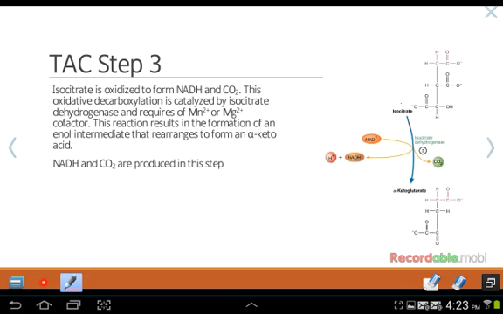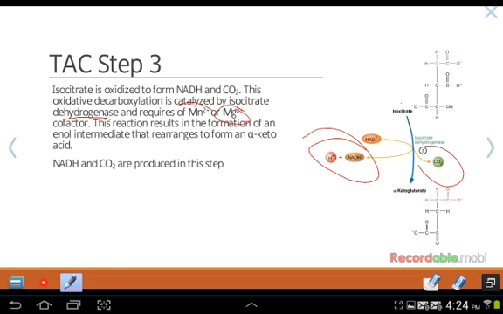Alright, so our next step, step 3, is isocitrate is then oxidized to form our first citric acid cycle molecule of NADH, releasing a CO2 molecule. This oxidative decarboxylation is catalyzed by isocitrate dehydrogenase. It requires a cofactor of either magnesium or manganese.